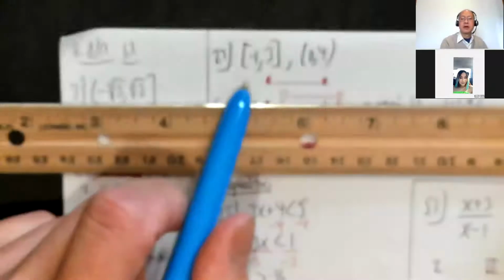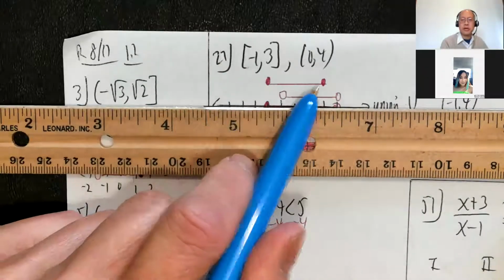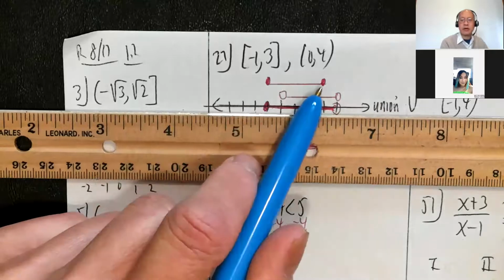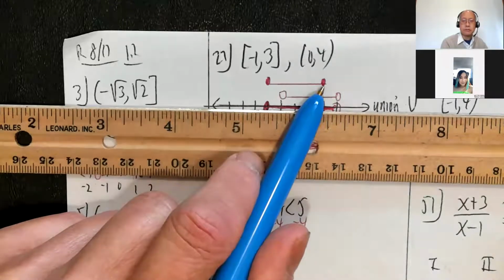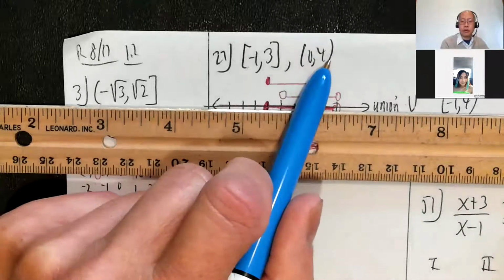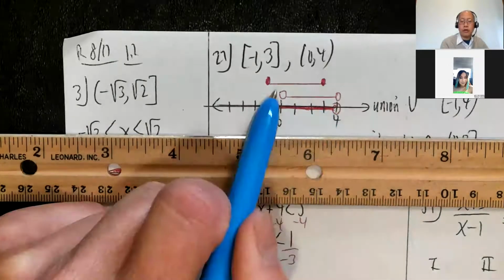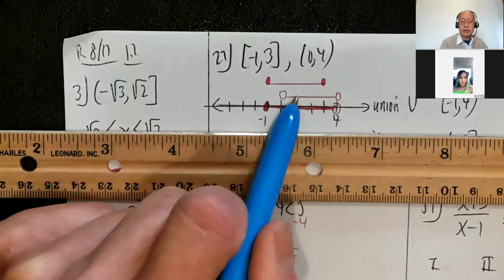First above, I put bracket -1, 3. Closed circles here and here, -1 and 3. Then open interval 0, 4. So 0, 4, open, open, shade that.